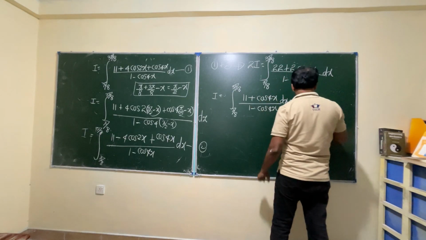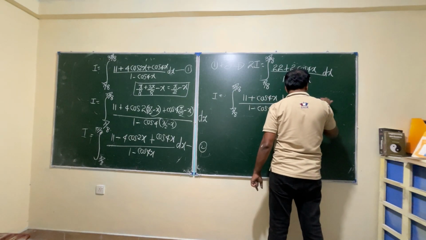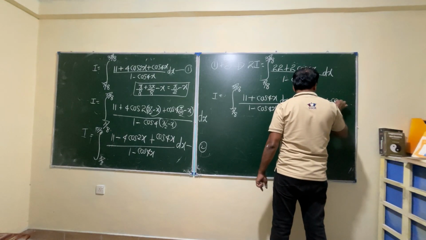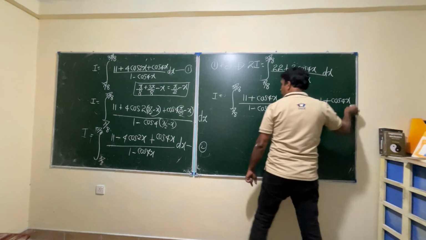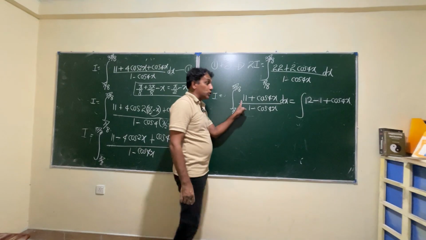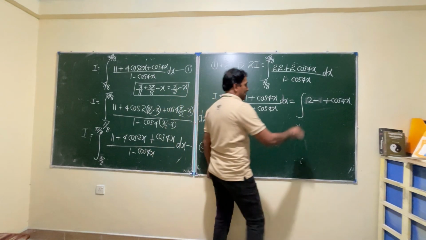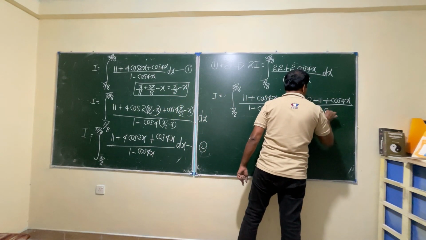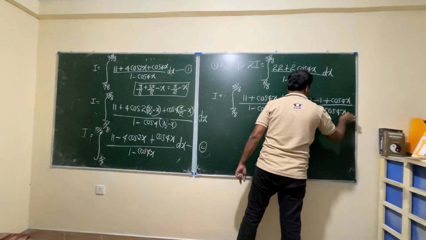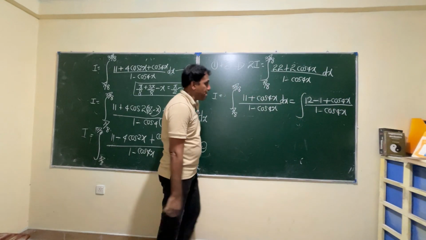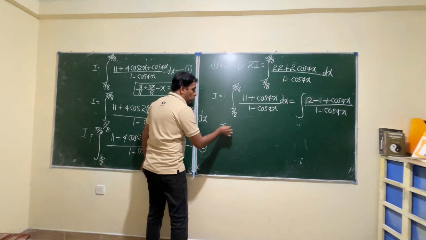Make a method and don't know how. 12 minus 1 plus cos 4x. See that? 12 minus 1, 11. 12 minus 1 is 11. Below, 1 minus cos 4x, right? Into dx.